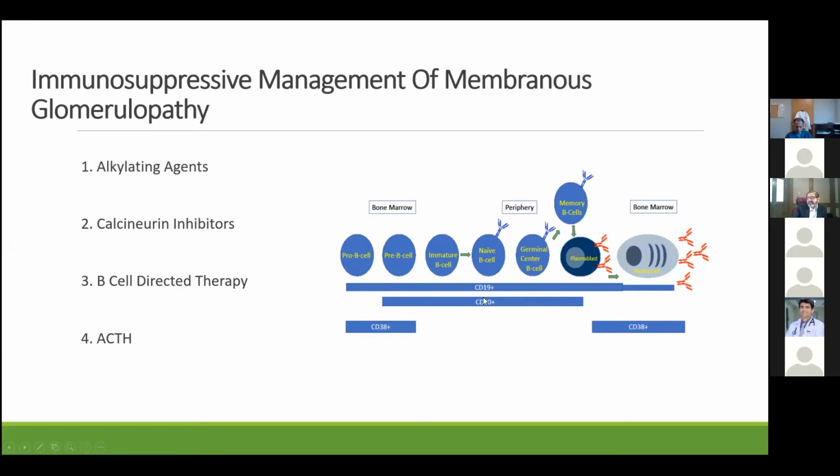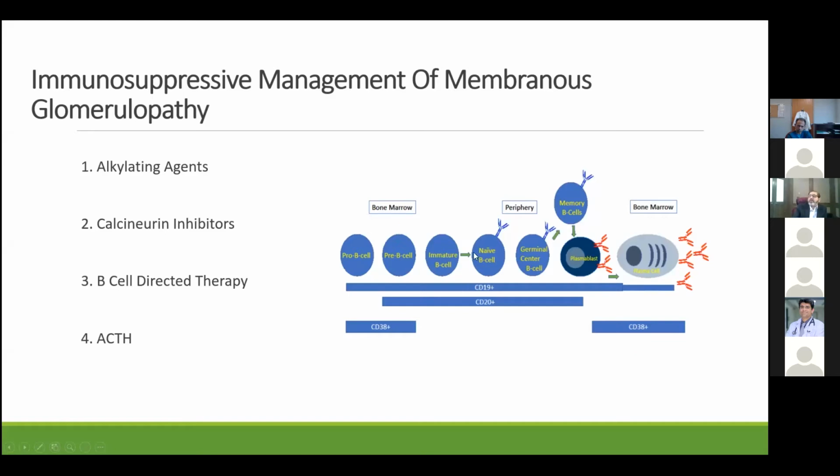Rituximab acts on CD20. There are now antibodies being developed against CD19. Cyclophosphamide will attack here. Bortezomib, for instance, is going to attack the plasma cells and plasmablasts, and daratumumab is an anti-CD38 monoclonal antibody, which will just attack the CD38 positive cells.